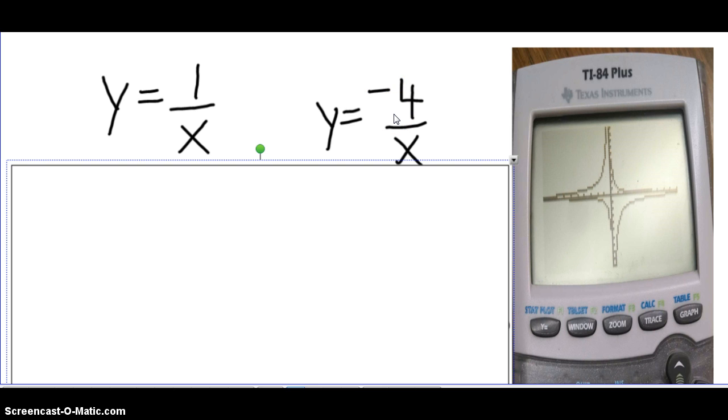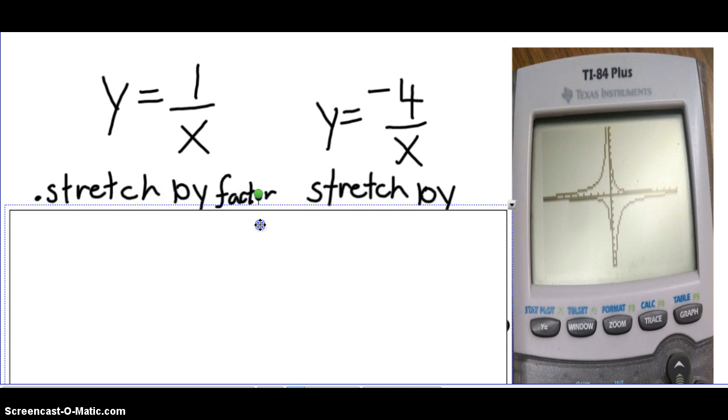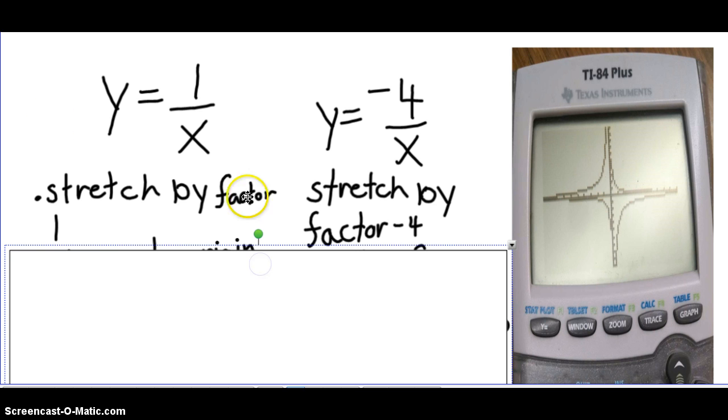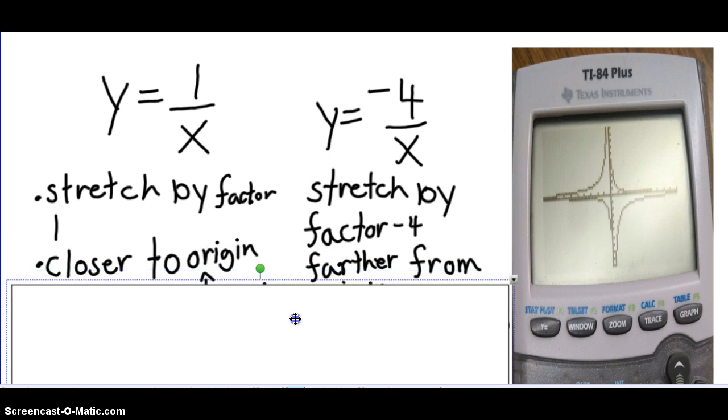So these are what the graphs are stretched by. So one is stretched by a factor of 1, and the other one is stretched by a factor of negative 4. And before that, you also had y equals 1 over x is closer to the origin, while y equals negative 4 over x is further from the origin.